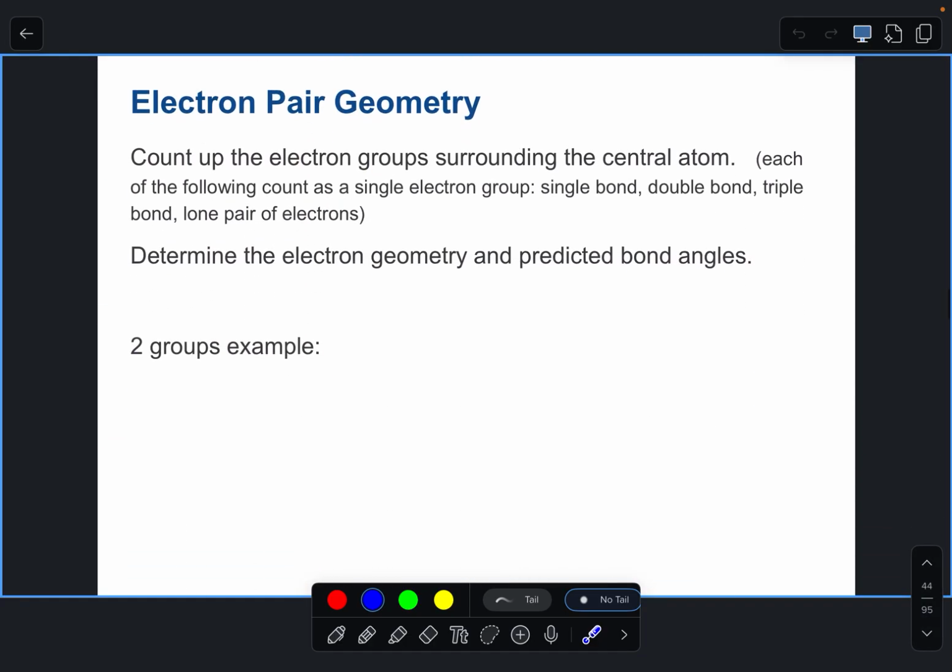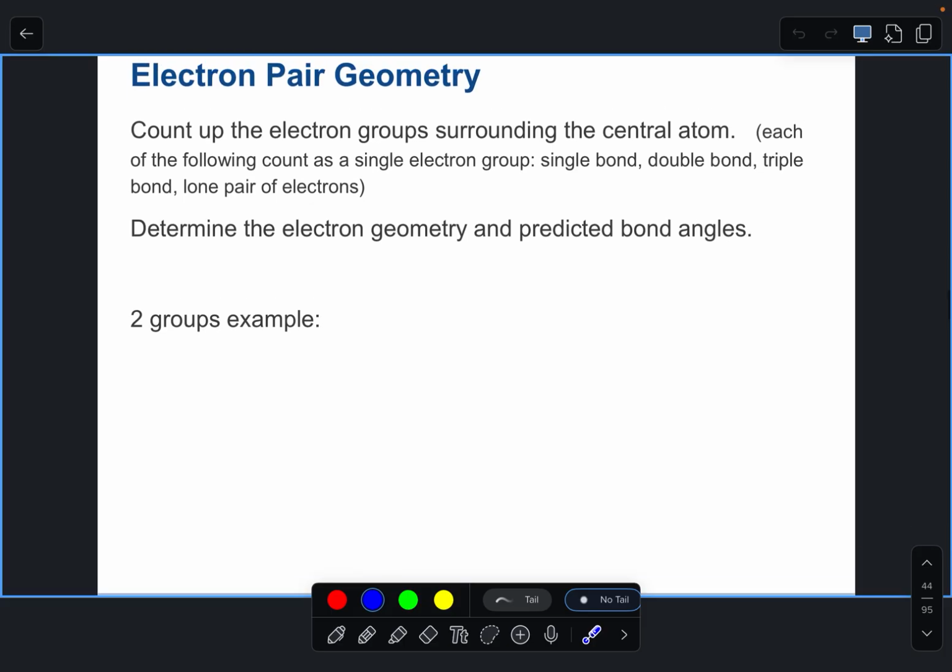Okay, so we are going to start. I'm going to give us a couple examples on each one of these. It says 2 groups, 3 groups, 4 groups. From my understanding of what you guys are doing in lab, you've seen a lot of this already. I think the way that your lab instructors are talking about it is this AXE. Does this sound familiar?